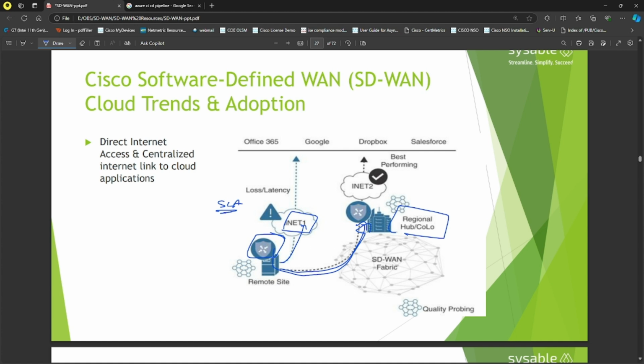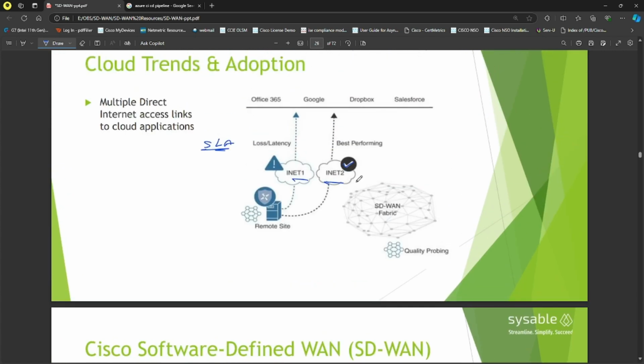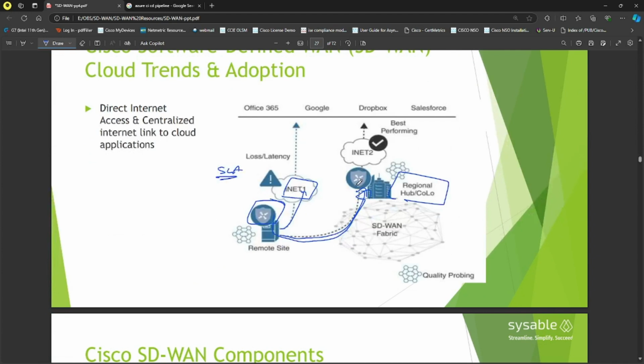It's not always compulsory that you should have ISP1 and ISP2. You can configure your topology as you wish because everything is connected to the SD-WAN. All the branches are connected to the SD-WAN, so they are only one hop away. This one-hop tunnel makes a lot of difference because it will improve the latency in your network.